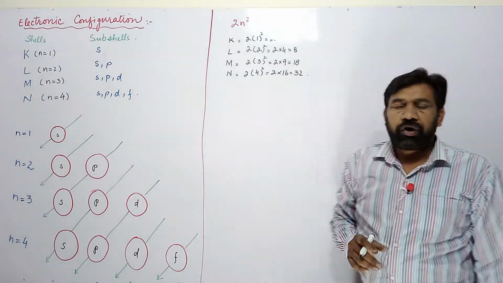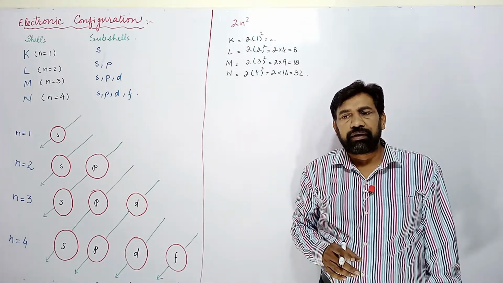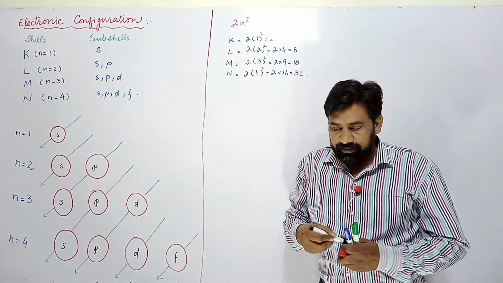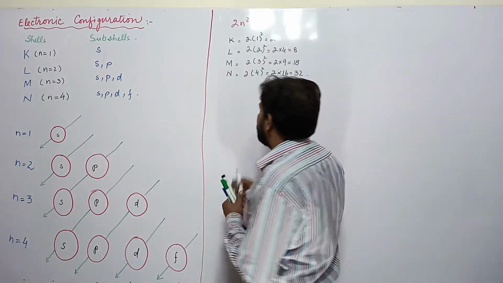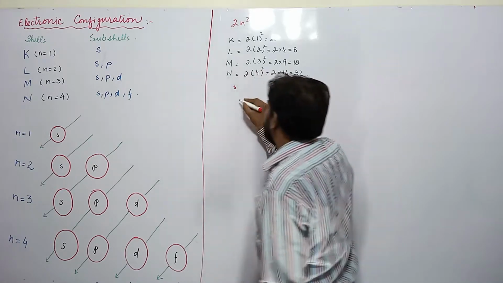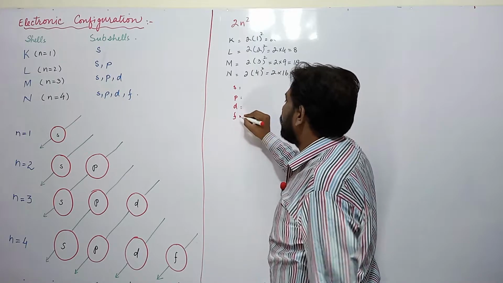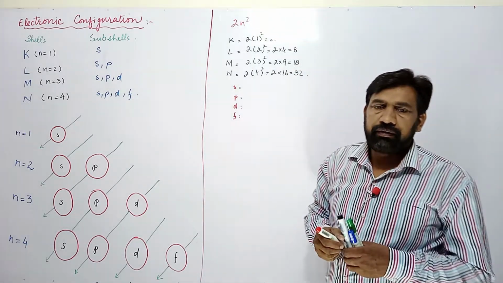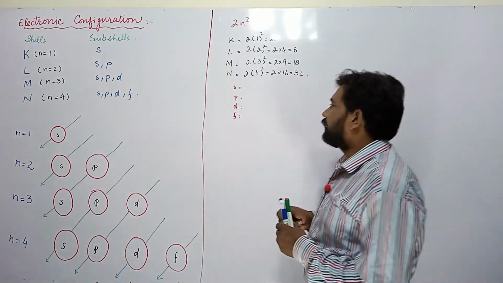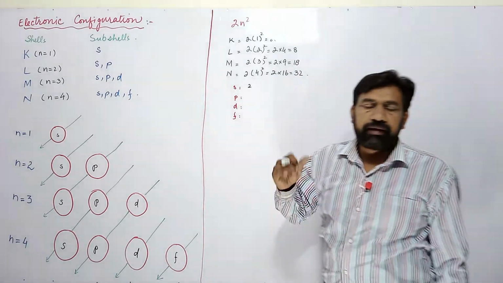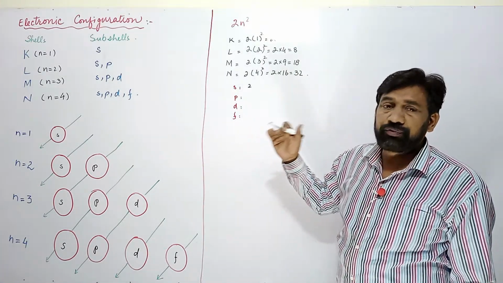Now students, how many electrons can be accommodated in the sub energy levels? For example, I have written here s, p, d and f. In s, maximum number of electrons which can be accommodated are 2. Remember, in the successive subshell, you have to add 4.